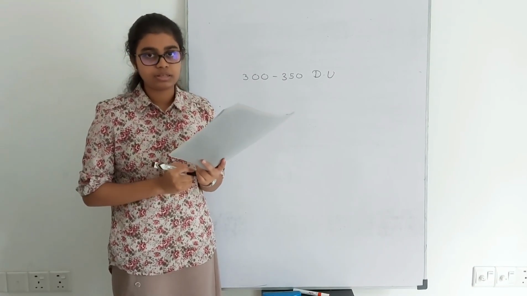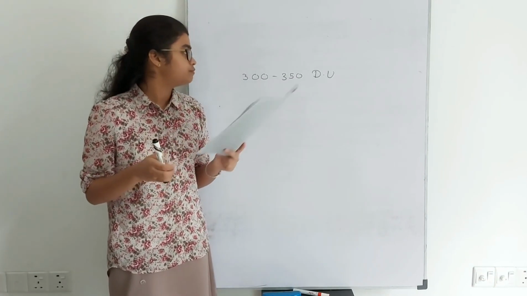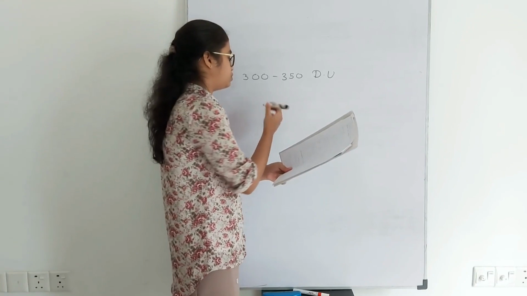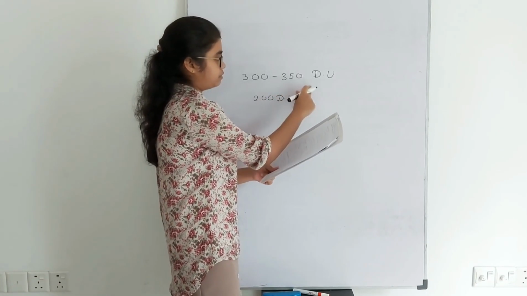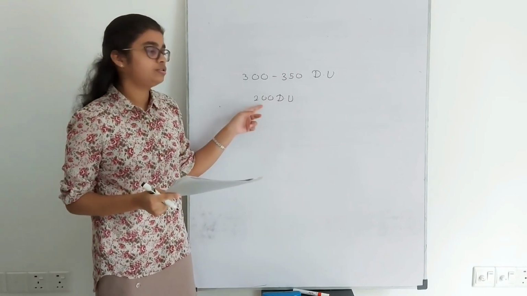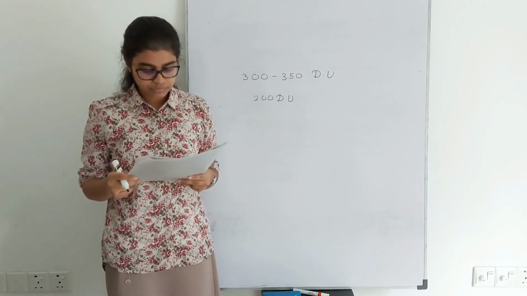So we call it ozone layer depletion when this falls below 200 Dobson units. This is the average level, so when it falls below 200, we call it ozone depletion.